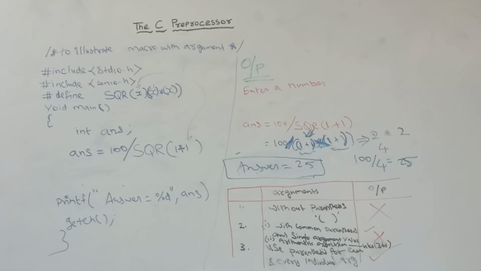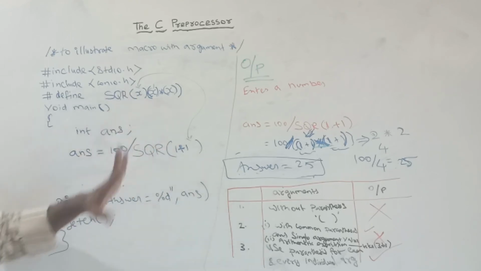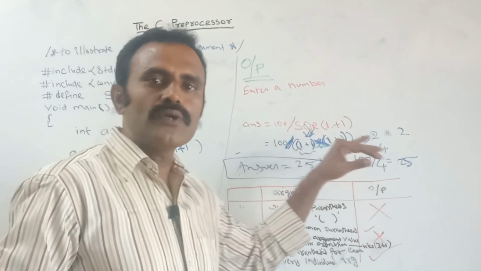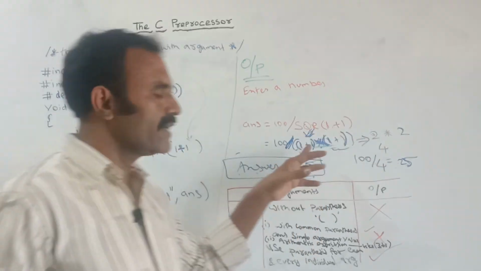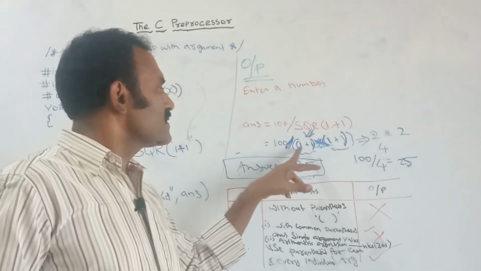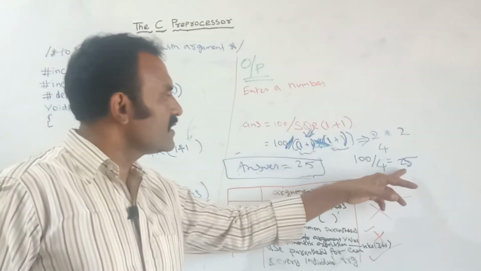If you are using parenthesis like this, then no problem. If you are giving a single value, then also no problem. If you are giving the value as an expression like 1 plus 1 or 3 plus 1, with the help of an arithmetic operator, and you are giving the input like this, then the proper answer will be stored.